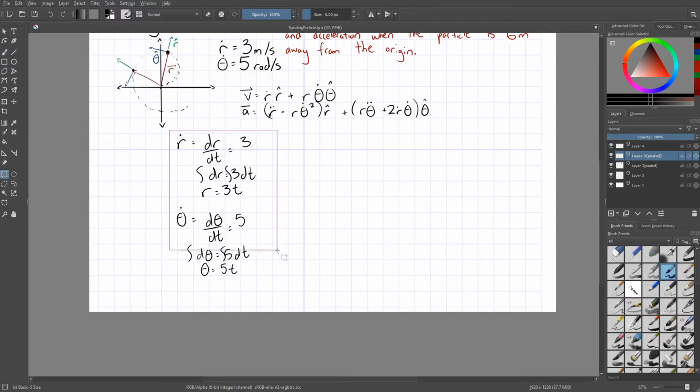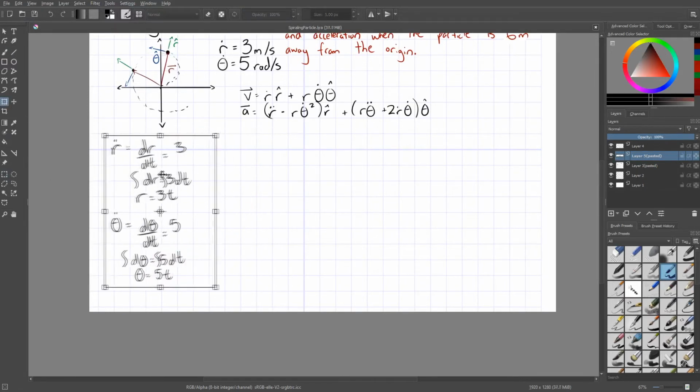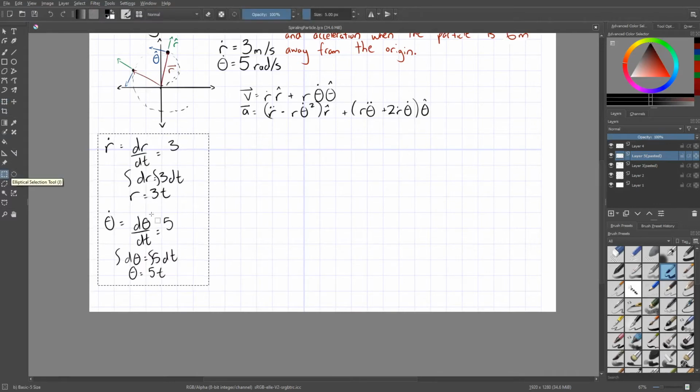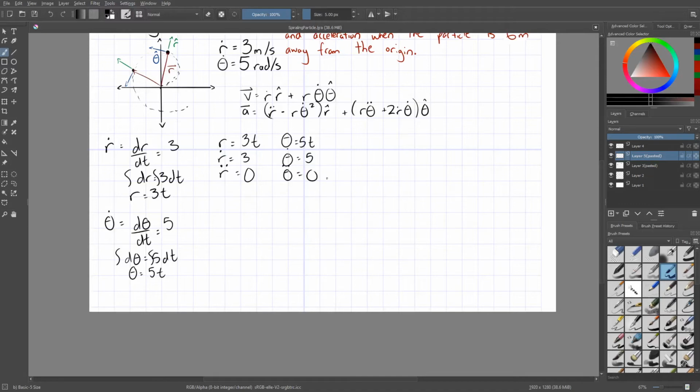We'll go ahead and move these to the side. And so far we have r equals 3t, theta equals 5t, r dot equals 3, theta dot equals 5. Now we just need to get r double dot, which is just the derivative of a constant, which is 0, and theta double dot, same deal, that's just 0.